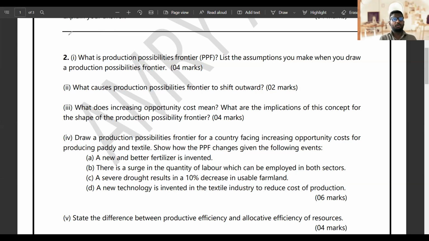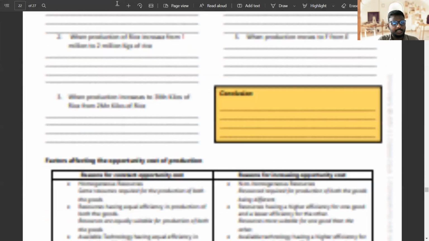Right. So first of all, as you can see, what is PPC? That's a very basic definition you'll have to give, and it's something you might have learned already. Let me see whether I can show it. PPC.